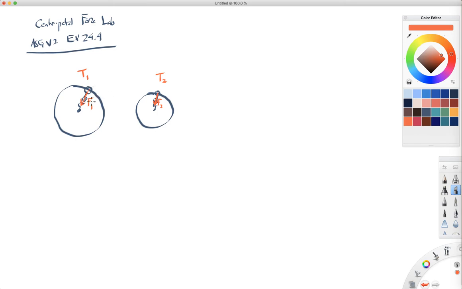And you also know the radius of the orbit. I think I told you what the radius was in case 1, and you have the radius of the orbit in case 2. From that radius, you can find the circumference, and from the time, you can obtain the velocity, or the speed at which this thing was moving in case 1 and in case 2.